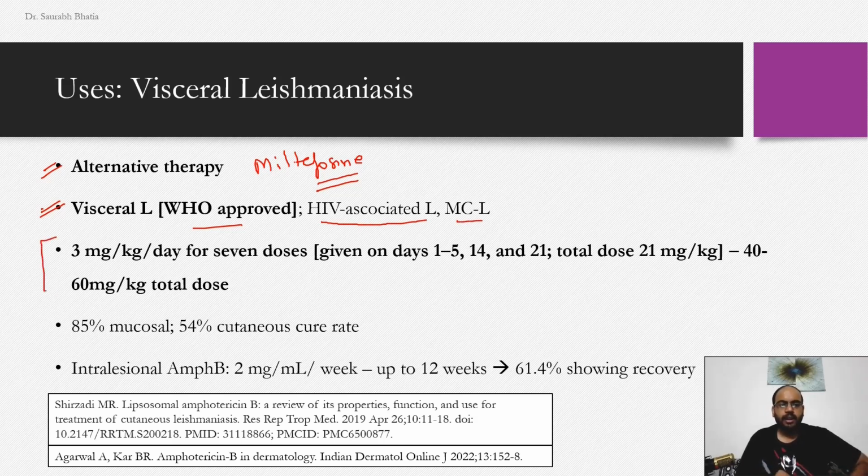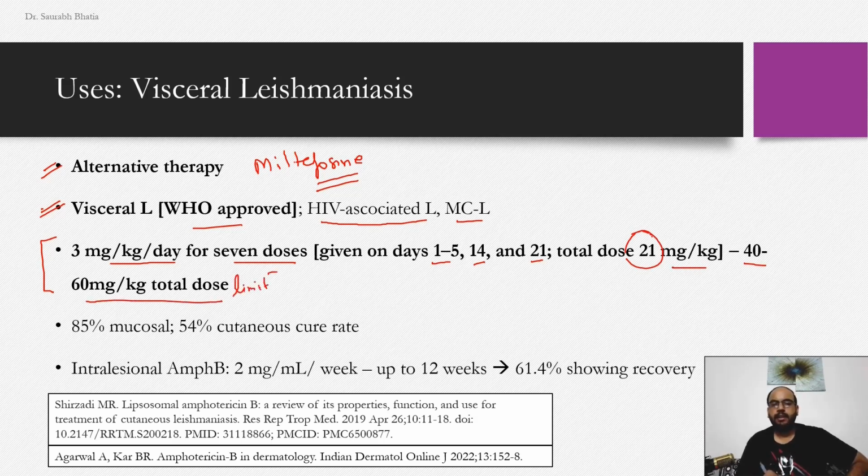The dosage is 3 mg per kg per day for 7 doses, given on days 1, 2, 3, 4, 5, 14 and 21. The total dose with this regimen comes out to be 21 mg per kg, but you can go as high as 40 to 60 mg per kg. That's the limit.